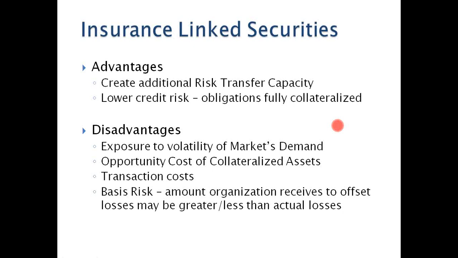So there's that opportunity cost of setting aside these dollars in an insurance-linked security. There are transaction costs in setting this up. People have to get paid to set up the whole securitization aspect of it. And then finally, basis risk, which is that the amount an organization receives to offset losses may be greater or less than the actual losses. And it talks quite a bit about basis risk.